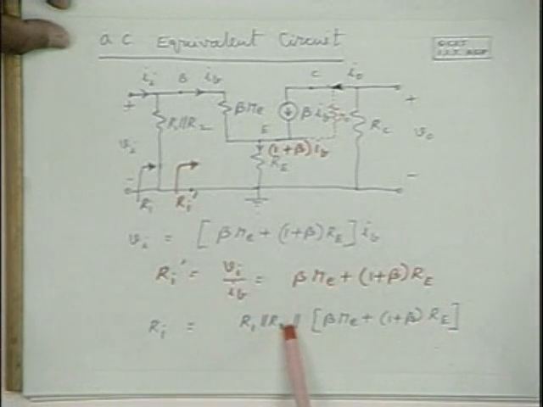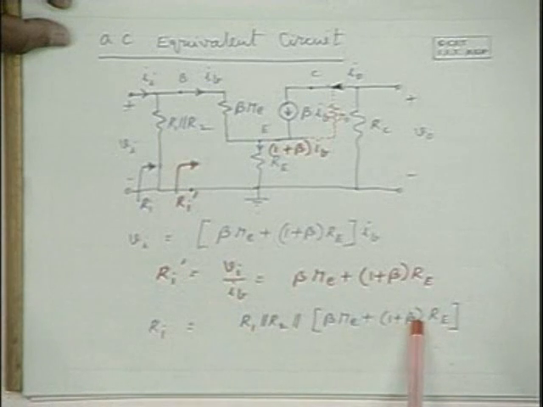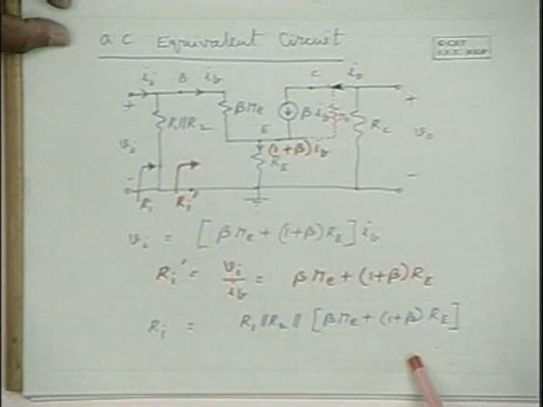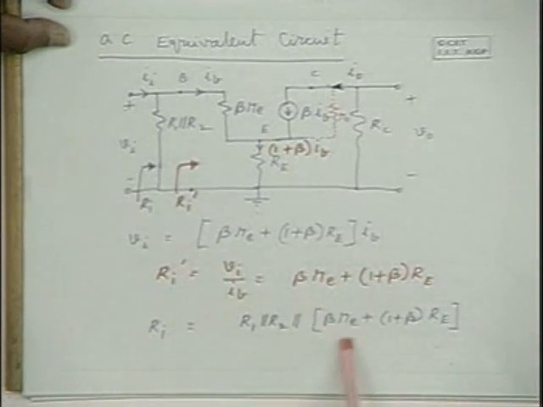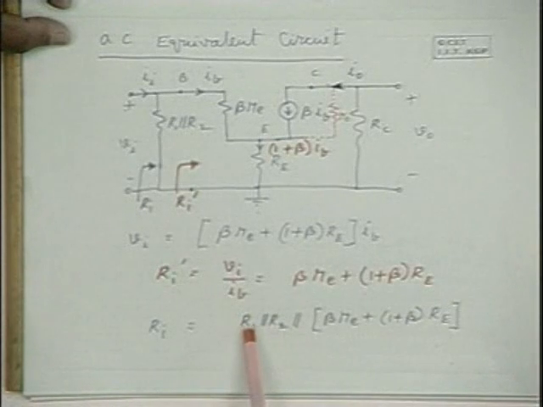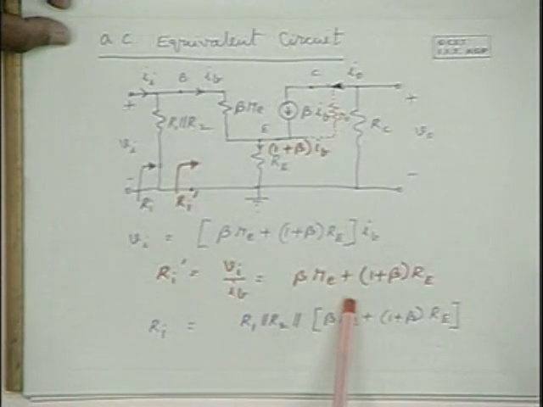And if R1 and R2 are large enough, this input impedance is very large when this term is there. Now with RE bypassed, input impedance is going down to beta re in parallel with R1 and R2. So input impedance is considerably reduced with the emitter bypass capacitance, and the expression is this, as I have explained.